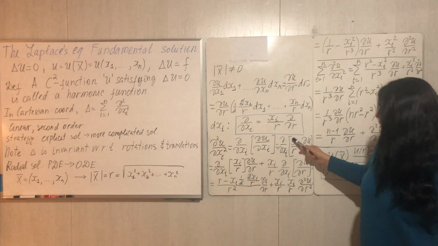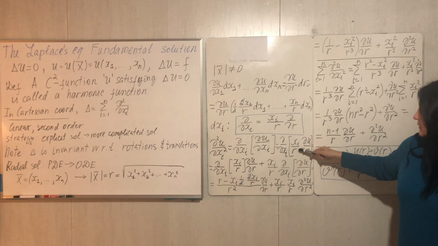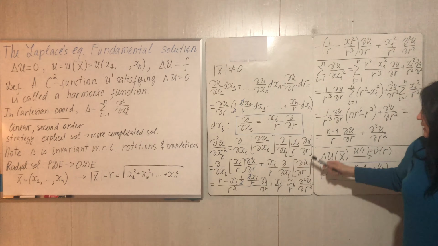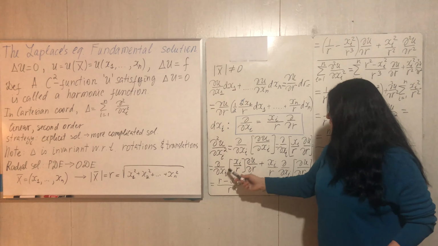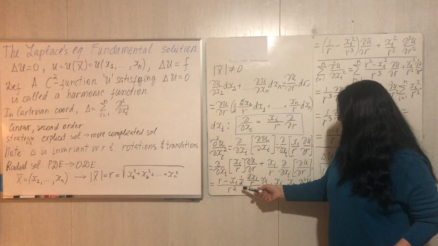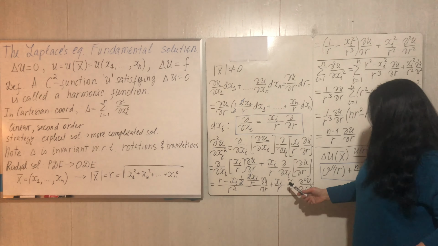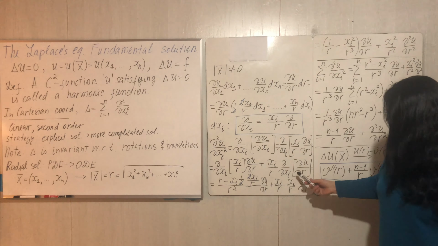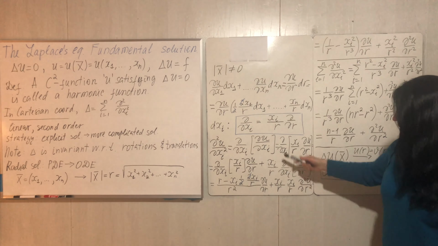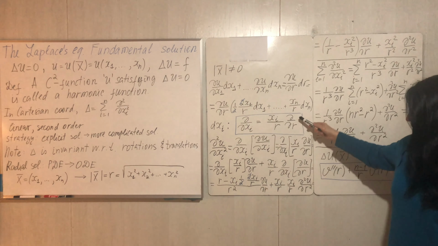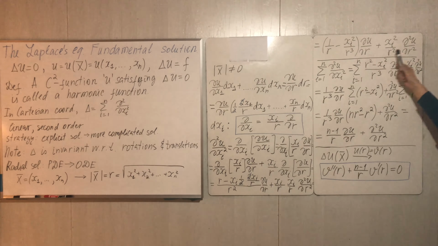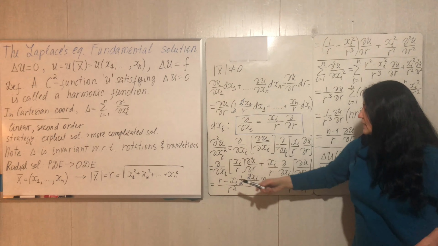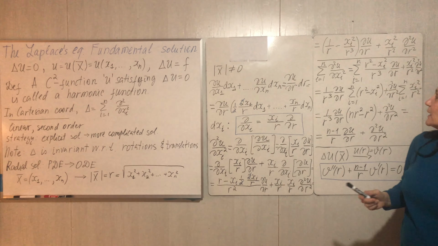We differentiate the first factor, du/dr, plus the second, and then we use the quotient rule to write down the derivative. Here we just replace d/dxi with (xi/r) d/dr. Then we make some obvious simplifications, giving our expression for the second derivative with respect to xi.